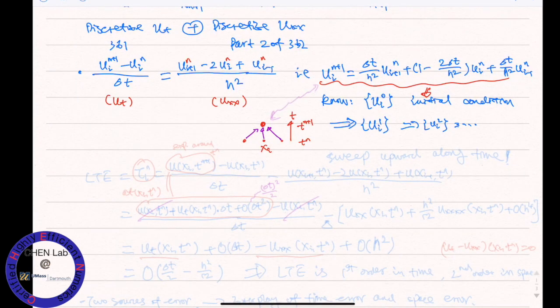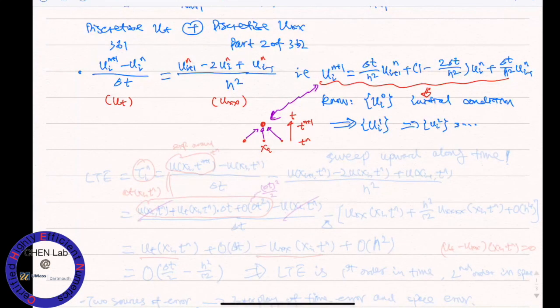That's exactly what we have over there. By using the left and right neighbor, and then the point itself at the previous level, we can calculate the point value at the current level.